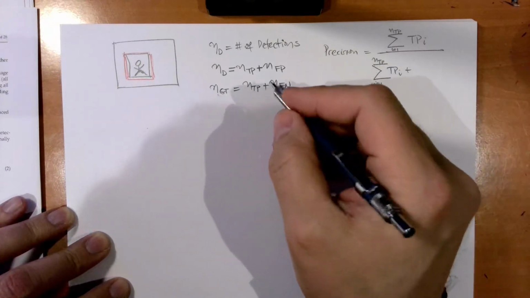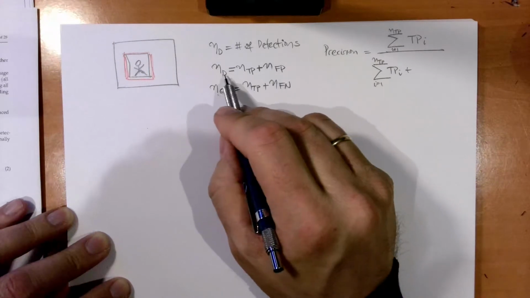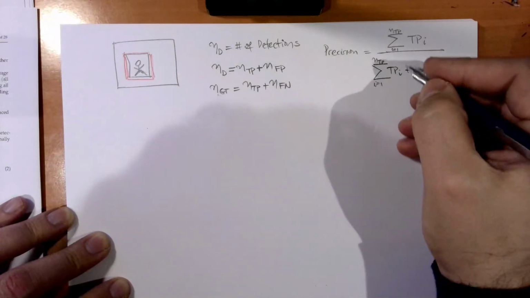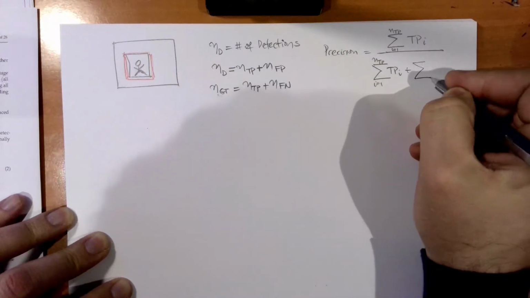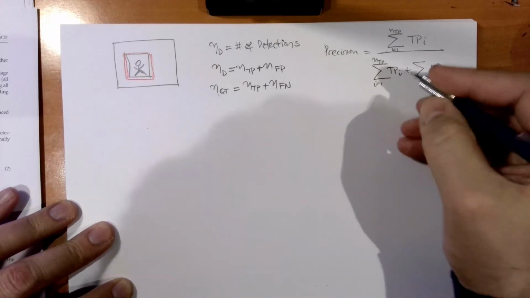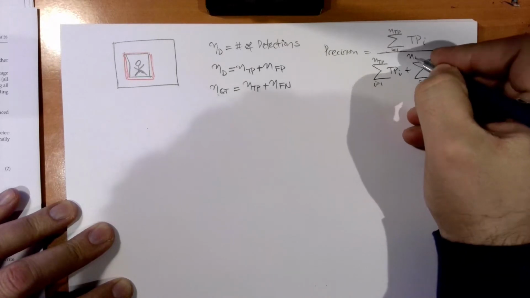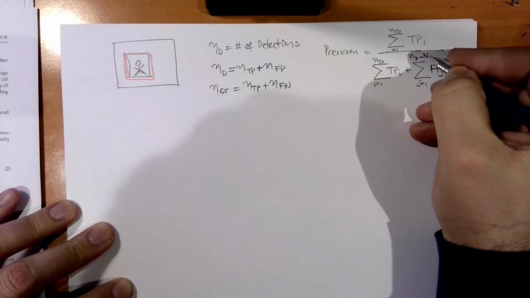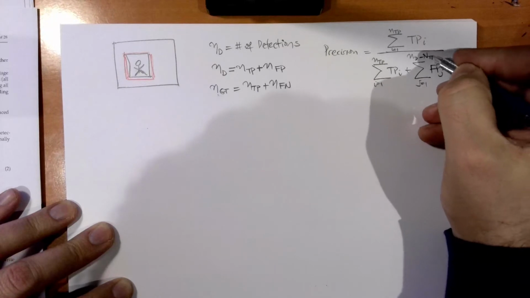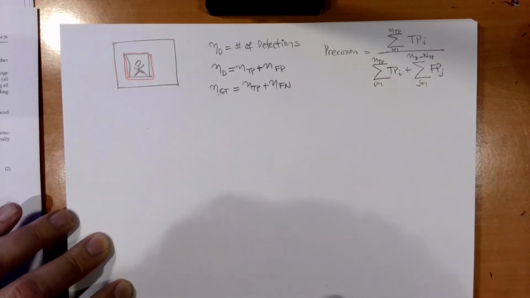Well, the false positives are ND minus NTP. So the summation for the false positives, we use the index j, FP_j, from j equal to 1 to ND minus NTP. Okay, so that is the precision equation.